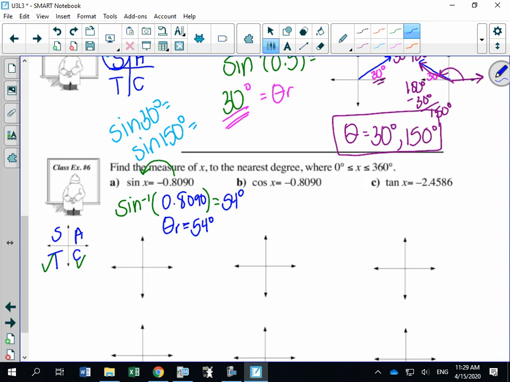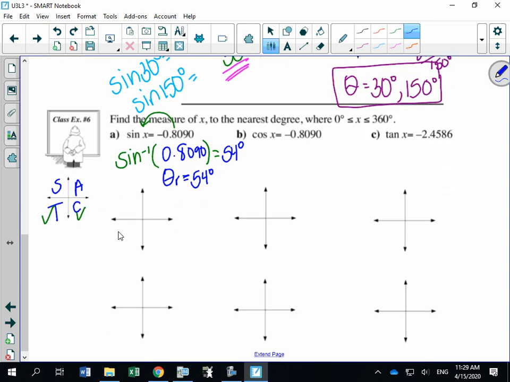So what you then do is you say, okay, I had two solutions and my solutions were in quadrant 3 and in quadrant 4. So I'm going to draw a terminal arm in quadrant 3 and a terminal arm in quadrant 4. The reference angle for both of these is 54 degrees. Remember, you could make a triangle, right? So my reference angle is 54 degrees.